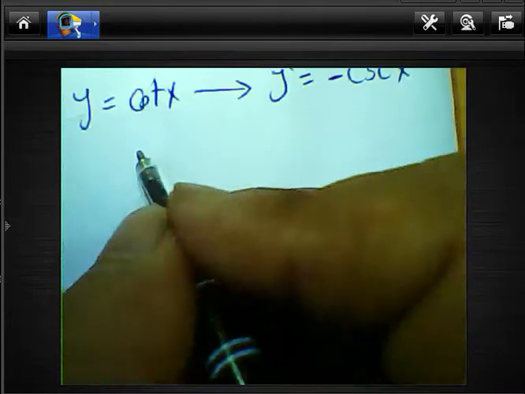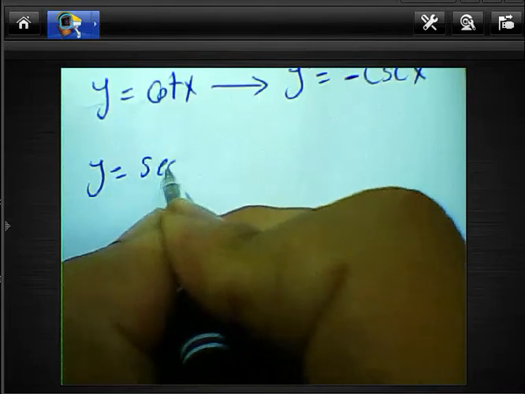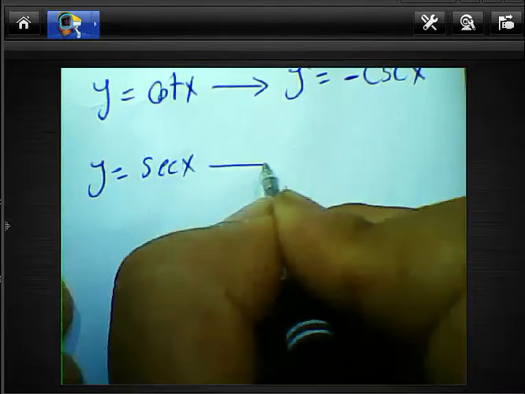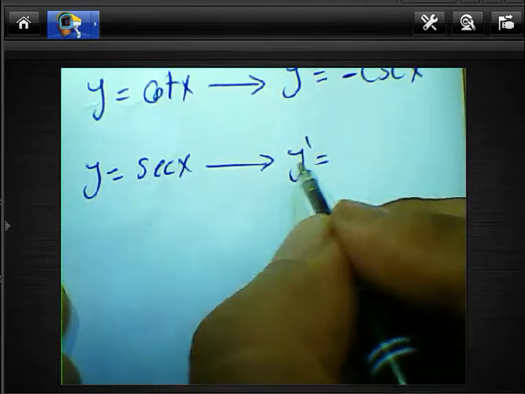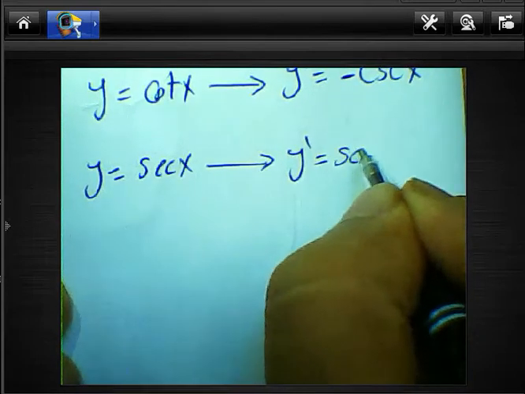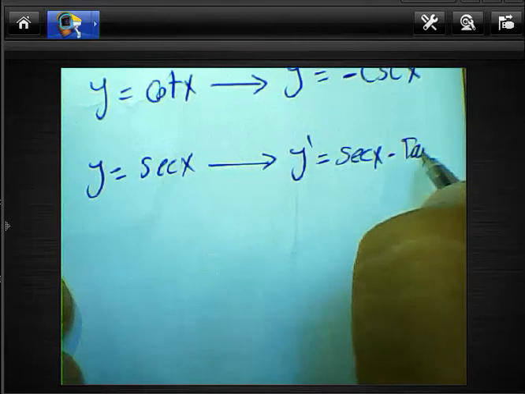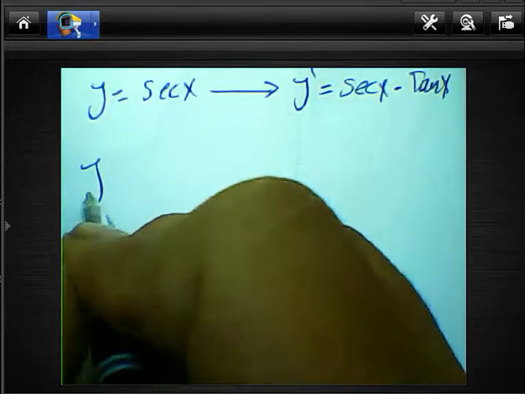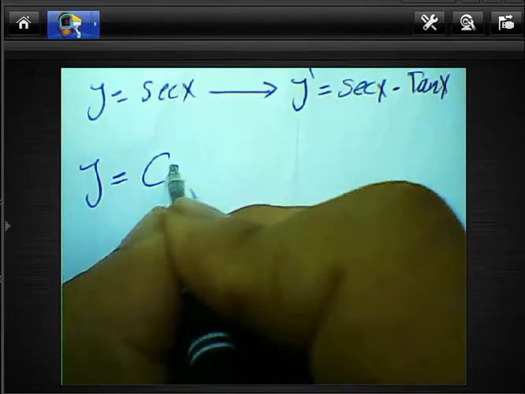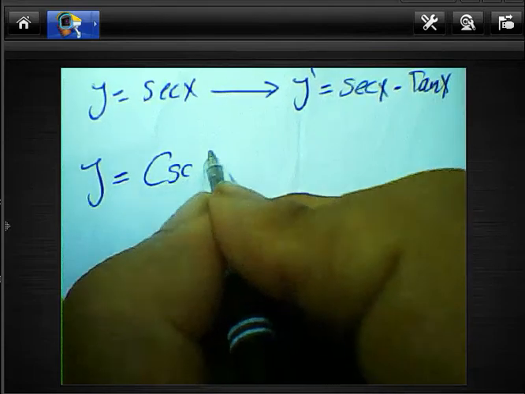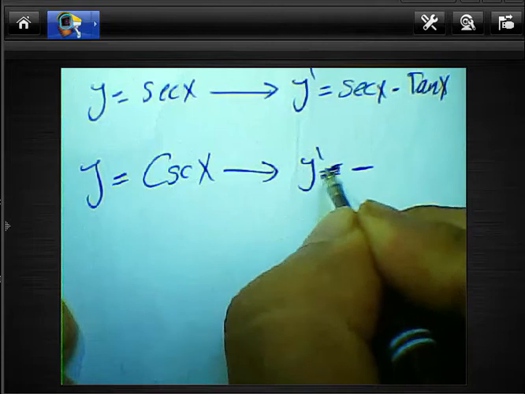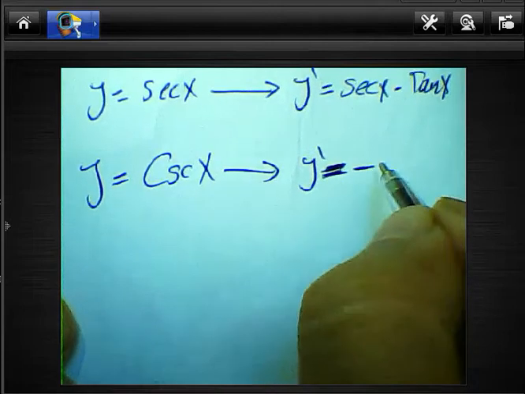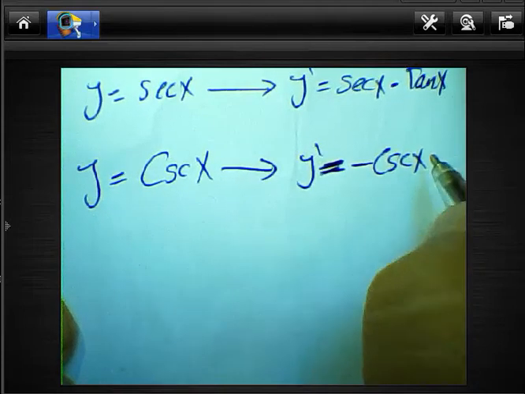Okay, what about y equals sec x? Then y dash will be sec x tan x. And what about y equals cosec x? The derivative will be negative cosec cotan.